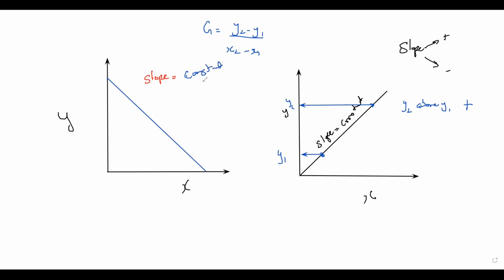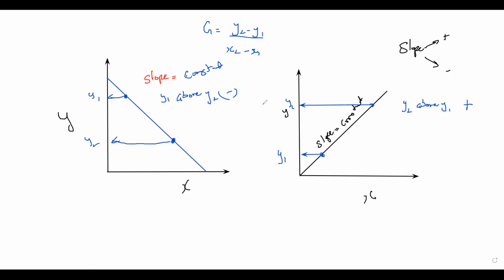When we mark the 2 points, the first point on y-axis is called y1, and the second point which we mark on the line is y2. You can see here y1 is above y2. So when y1 is above y2, it means the value of the slope will be negative.